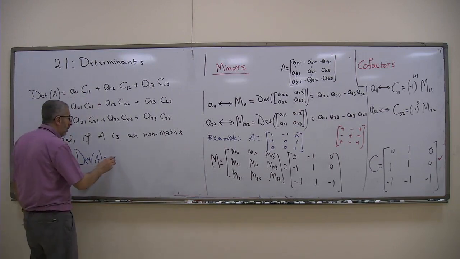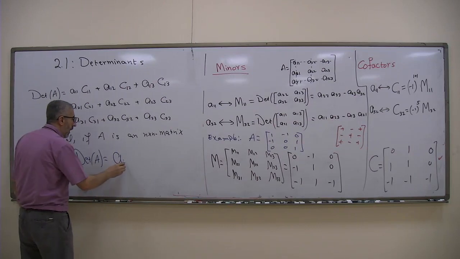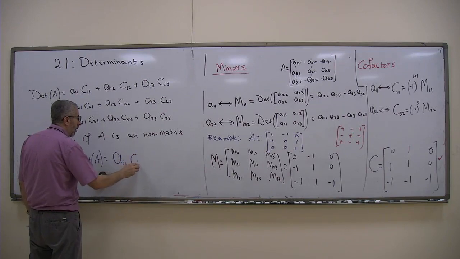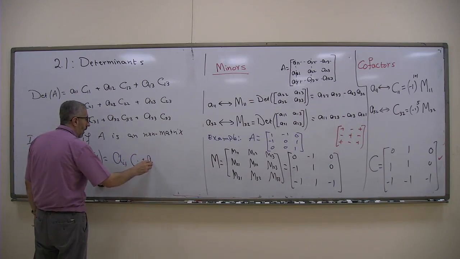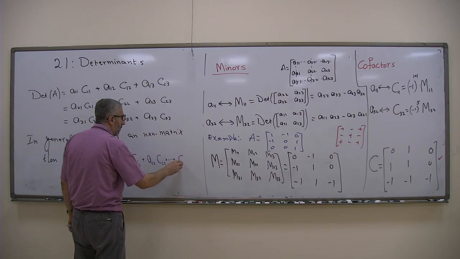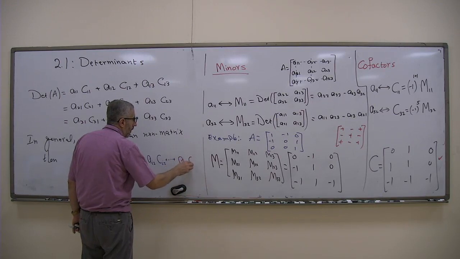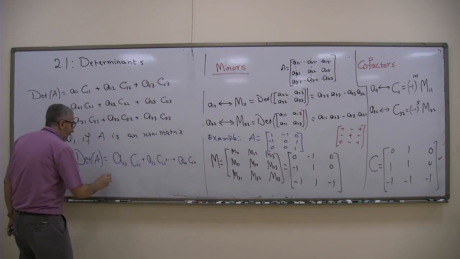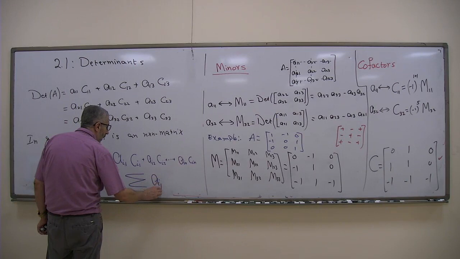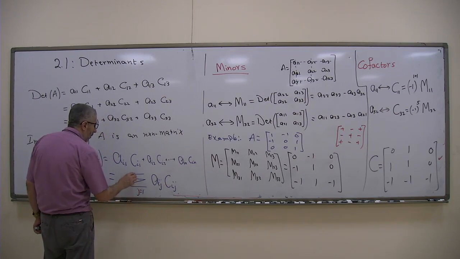So for the row i, you can say A_i1 C_i1 plus A_i2 C_i2 plus you keep going up to A_in C_in, and that you can write as the summation of A_ij C_ij, j from 1 to n.